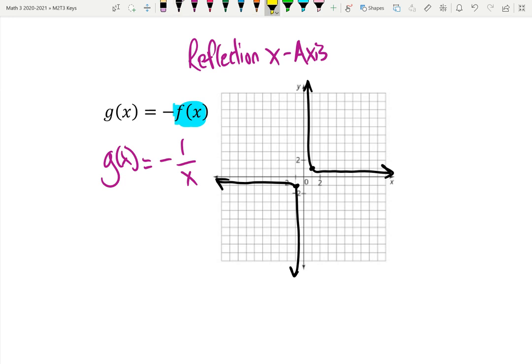So over here, notice how this point is 1 away. I'm going to graph the new point 1 away. Vice versa, this distance is going to be 1 away. And it's going to create a function like so. It is still bound by those asymptotes, but you can see how it's a clear reflection over the x-axis.